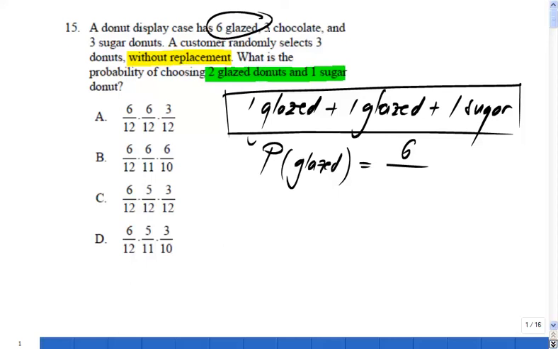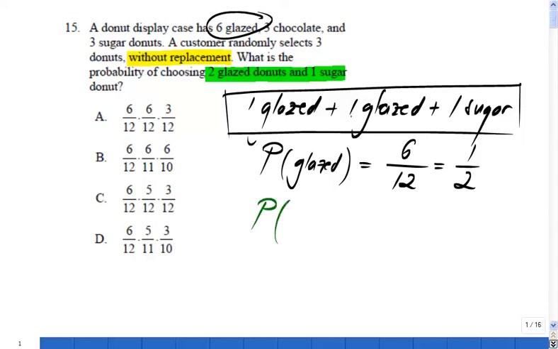I got 6 plus 3, 9, plus 3, 12, right? So I have 12 possible donuts. Only 6 of them are glazed, which means the probability of getting the first glazed will be 1/2. Good.